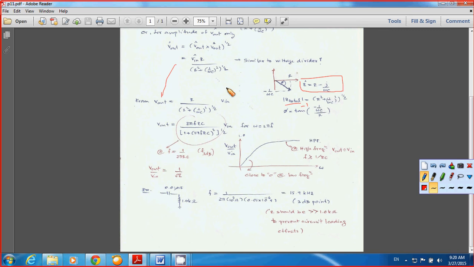As I told you, this one we work on the high frequency filter, the high pass filter. So it is rejecting the lower, the low frequency signal, and allowing the higher frequency signal to pass to the output.